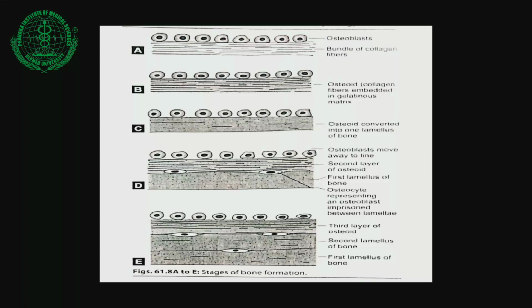So, the diagram illustrates the stages of bone formation. The first stage starts with the osteoblast. The second stage is osteoid formation. Third, osteoid converts into lamellae of the bone. In the fourth stage, osteoblasts move towards the first lamella of the bone, the osteocyte representing the osteoblast.